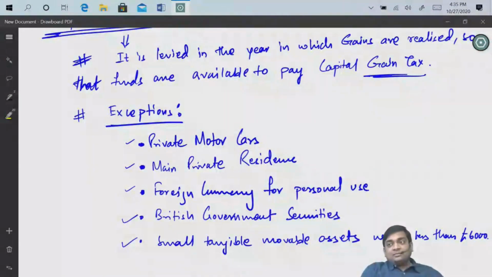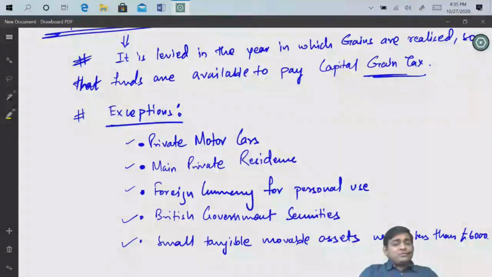In India, we call it capital assets, and there are certain capital assets on which we don't have to pay capital gain tax. Means even if you sell it and have some gains on that, that gain will not be chargeable to tax.